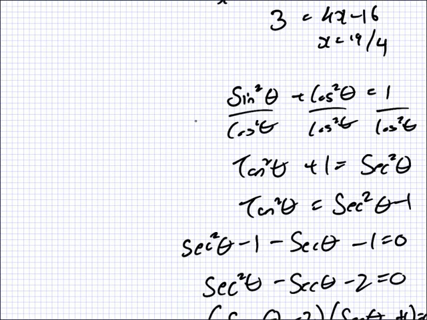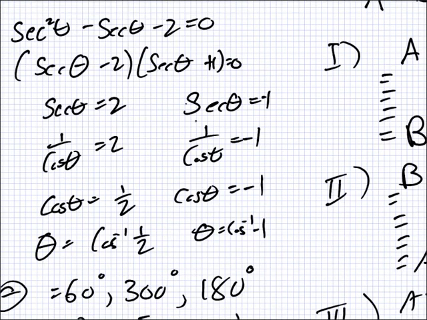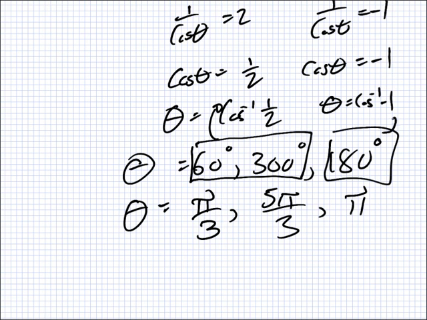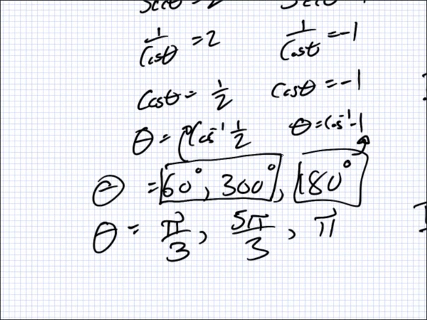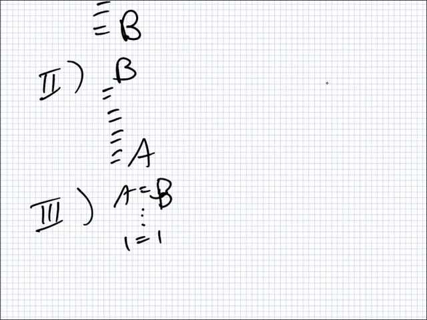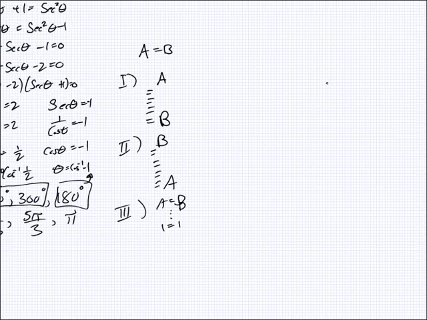It's 2 pi. 2 pi as well. No, I think 270 also equals minus 1. No problem. Oh, it's 0. Okay.